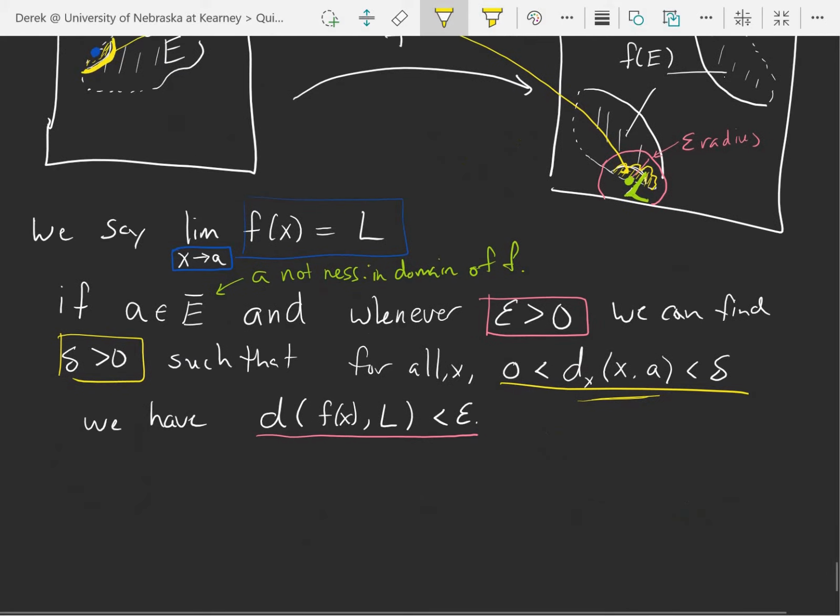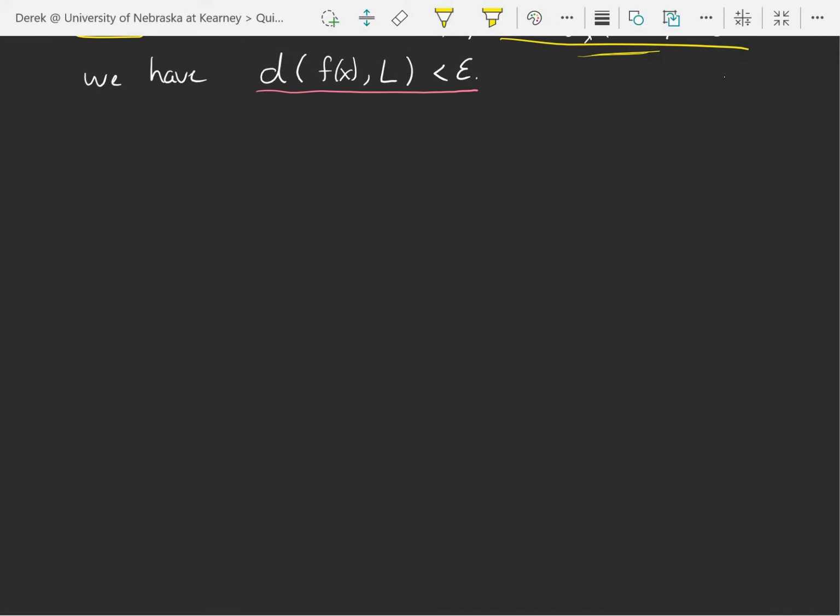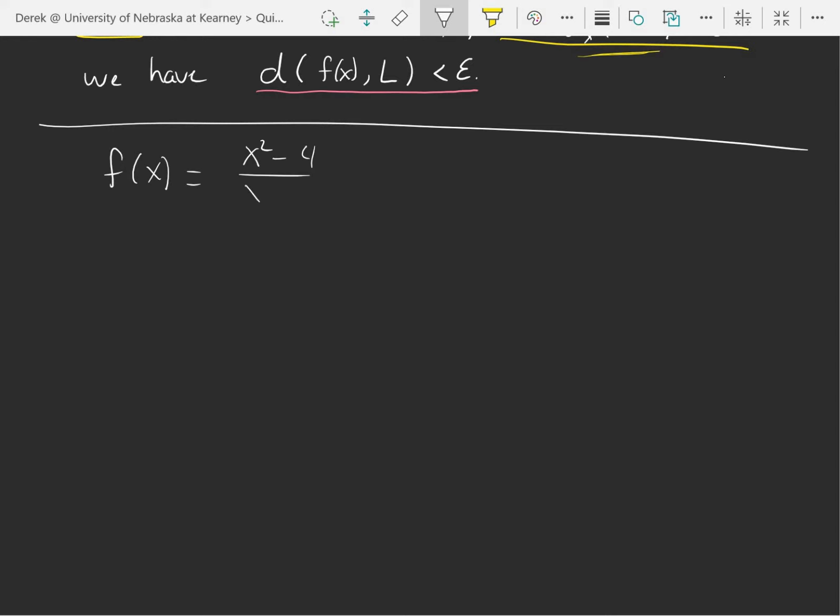Okay, let's see an example of some real numbers and how it's going to work. So let's look at f of x equals x squared minus 4 over x minus 2. This function isn't defined on all of the reals, right? I can't plug 2 into this function. I get division by 0 if I try. But we can try and take the limit as x approaches 2.